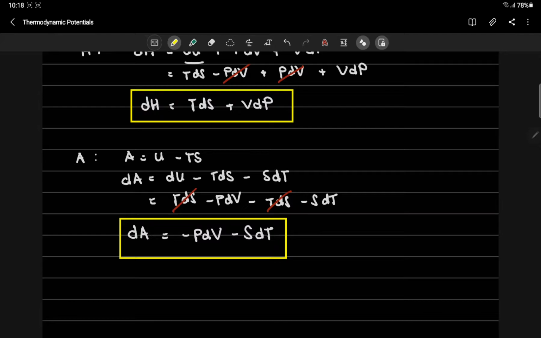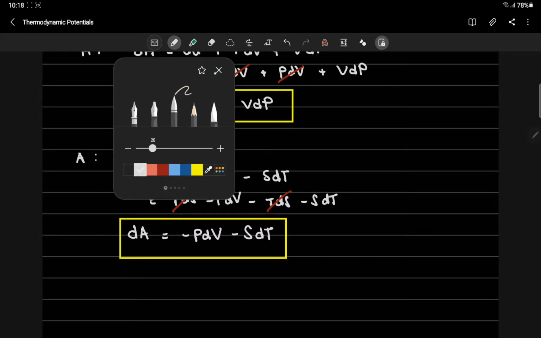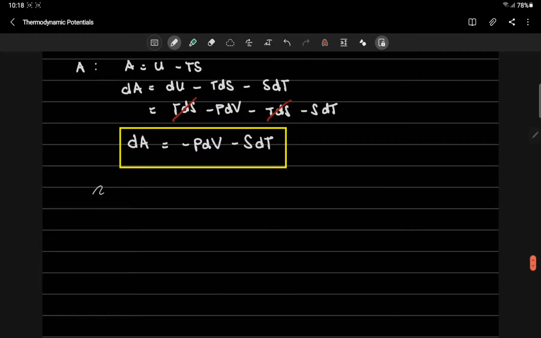And finally, let's do the same thing for your Gibbs free energy. So what is the definition of Gibbs free energy? G is equal to U minus TS plus PV. Okay? And doing the same thing, dG equals dU minus the derivative of a product, so minus TdS minus SdT.